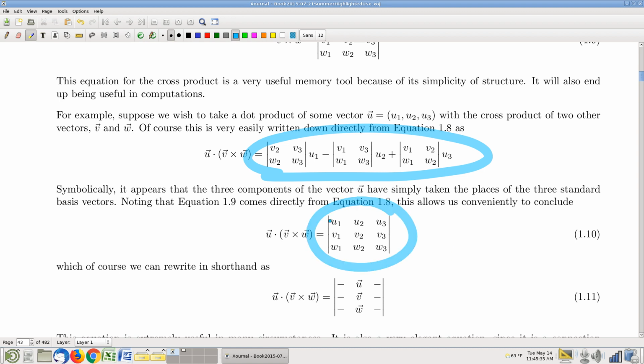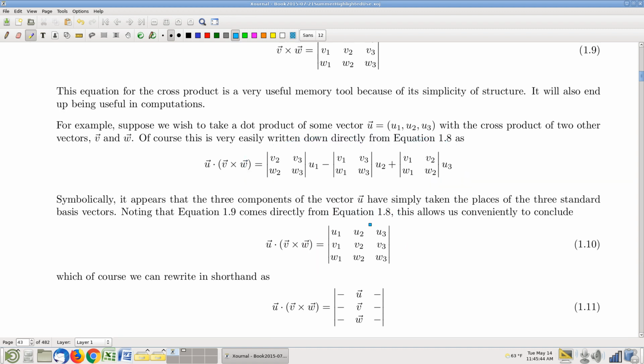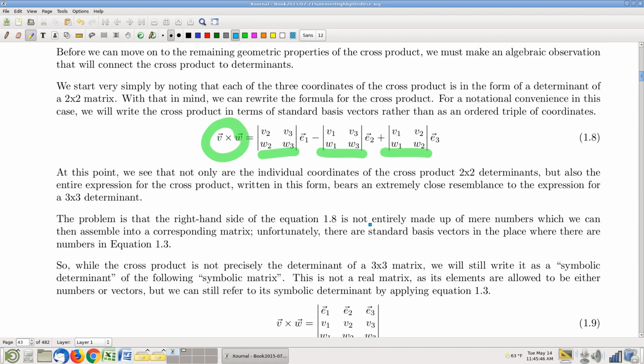Like so. Yes? Is it still considered a dot product even under the minus sign? Yeah, great question. So that minus sign, remember, is part of that second coordinate here. This second coordinate is this whole thing, including the minus sign. Does that make sense? Right.